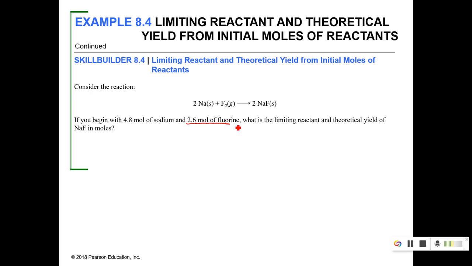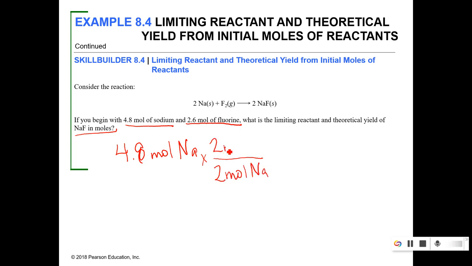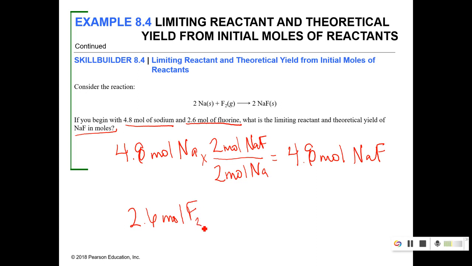Okay, so let's do another one. I've got 3 moles of fluorine, moles of sodium, trying to find moles of sodium fluoride. So 4.8 moles of sodium, do our mole ratio. And we do our other one, 2.6 moles of fluorine.